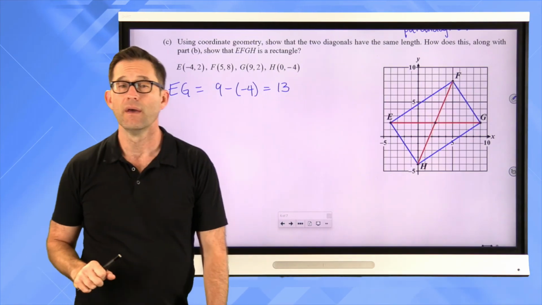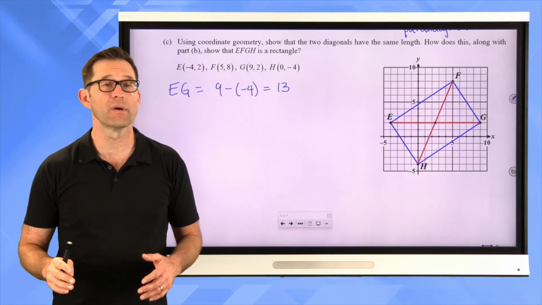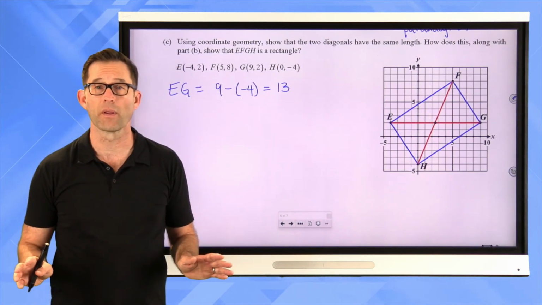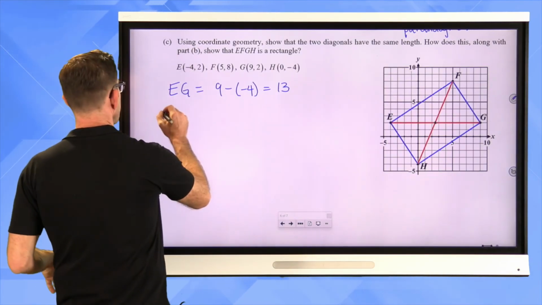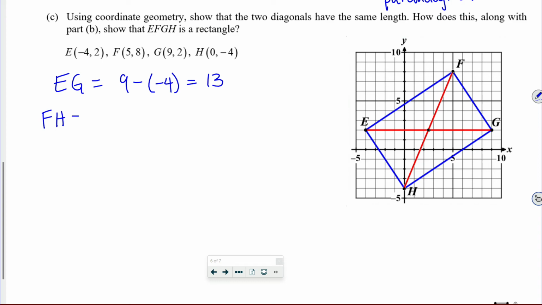All right. Now, if it were a slanted segment, I would definitely want to use the distance formula. But now let's figure out the length of FH. Okay, that one takes a little bit more work. So let's take a look. The length of FH, we're going to have 0 minus 5 squared plus -4 minus 8 squared.